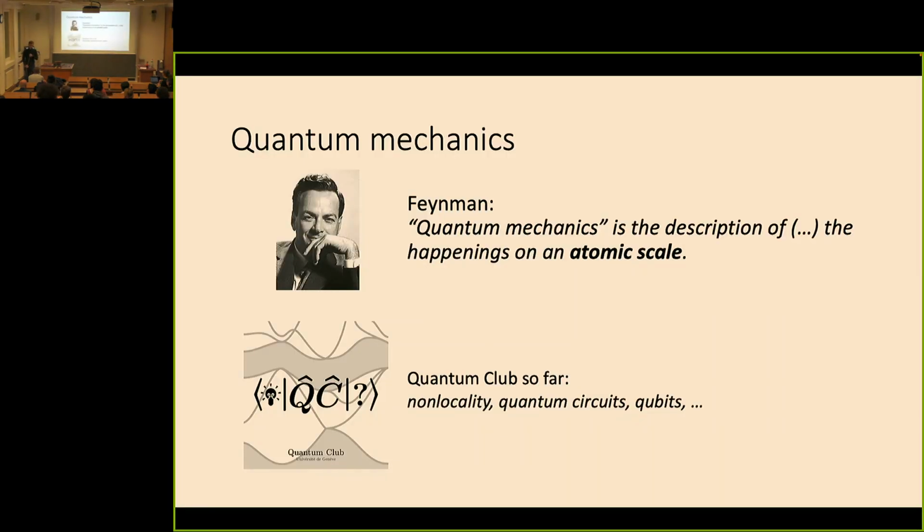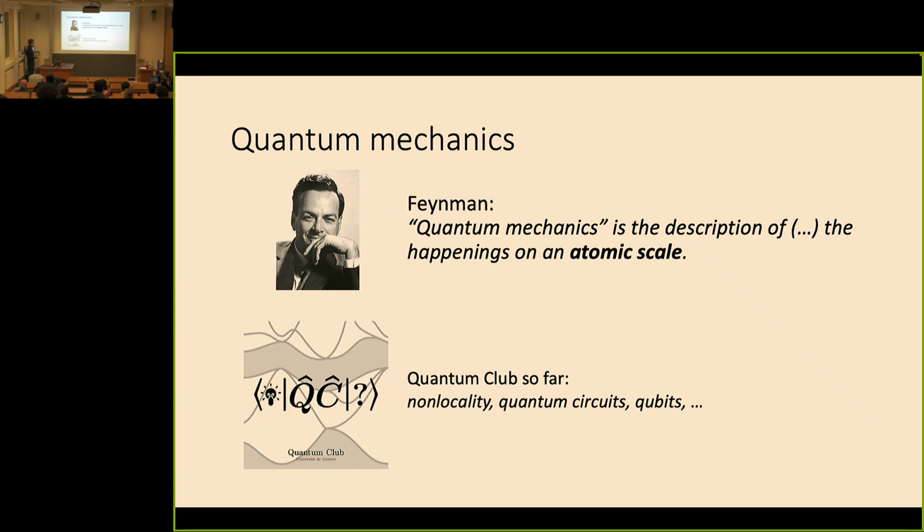In short, when you read the Feynman lectures, Feynman, this handsome guy over there, said that quantum mechanics is a description of everything that happens on the atomic scale. Now, Feynman, of course, is always right, and quantum mechanics was originally designed by people thinking about things happening on an atomic scale, but everything around us is determined by what happens at the atomic scale and the combination of these many, many atoms together.